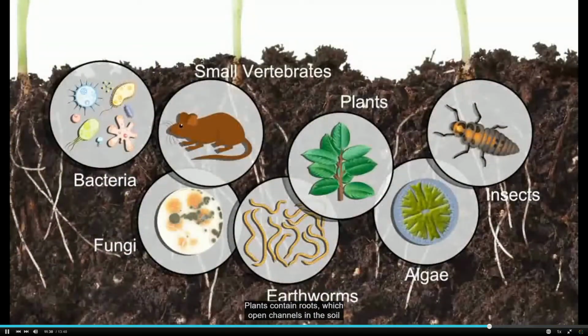Plants contain roots which open channels in the soil and contribute organic matter in and on the surface of soil profiles. Animals mix the soil by forming burrows and pores through the soil. Soil microorganisms are responsible for decomposing organic matter in the soil and recycling the nutrients in it to inhibit plant production. Soil is heavily influenced by humans through agriculture, urbanization, grazing, and forestry.